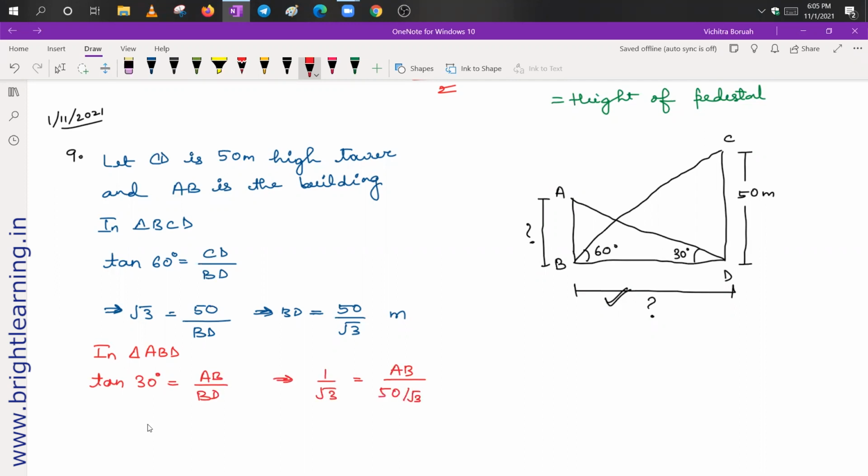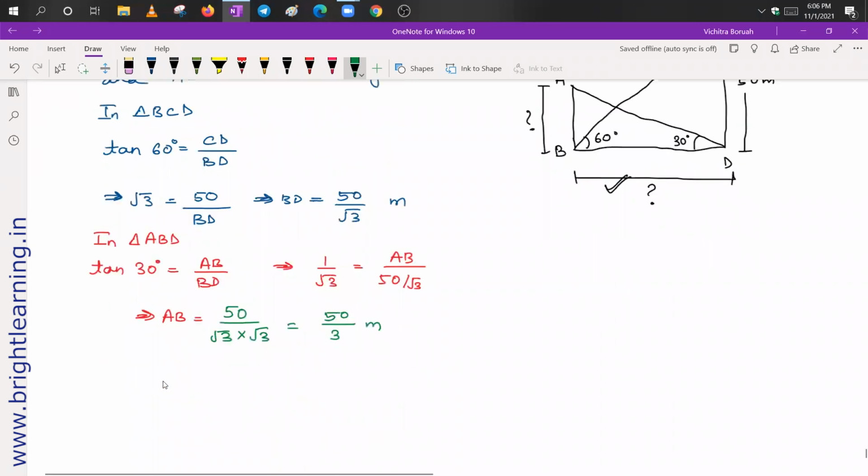So from here you will get AB equal to 50 upon root 3 into root 3, and root 3 into root 3 is 3. That is 50 upon 3 meters.